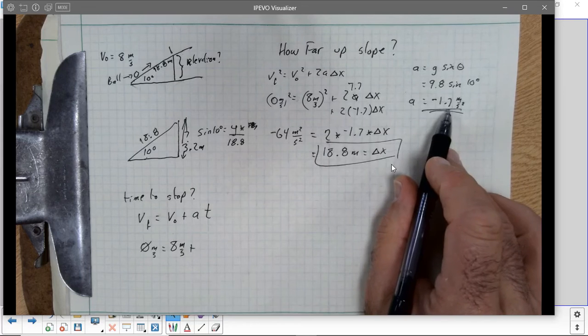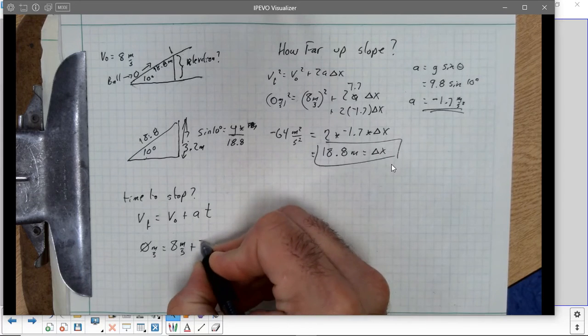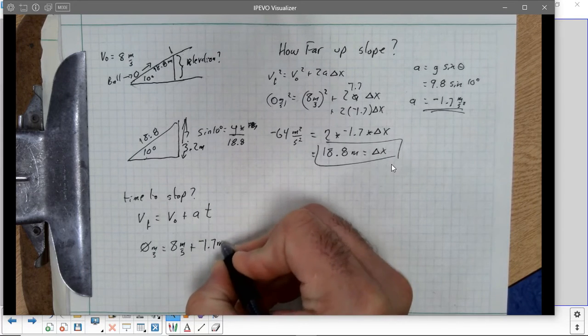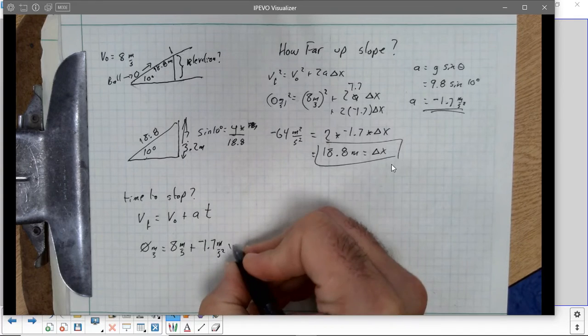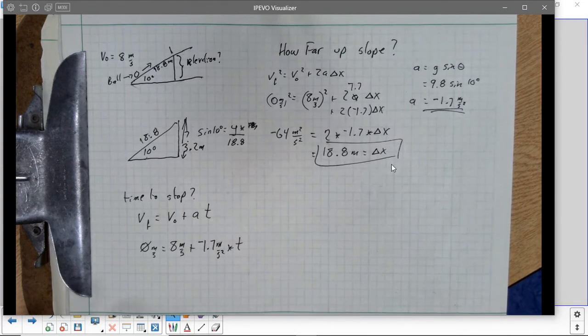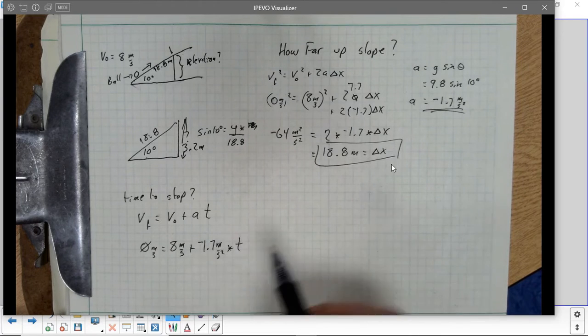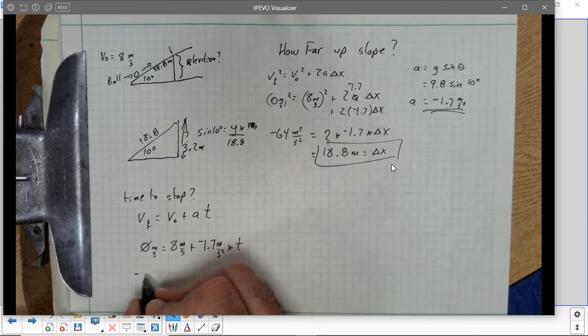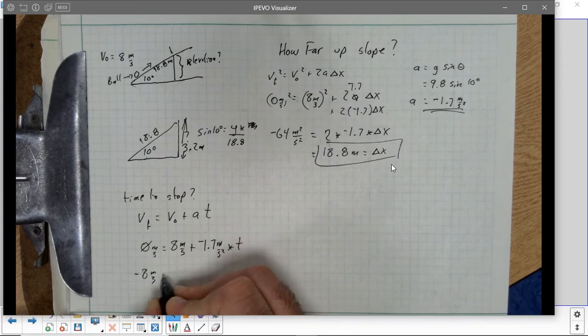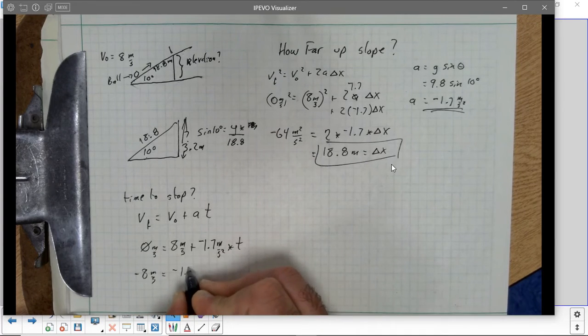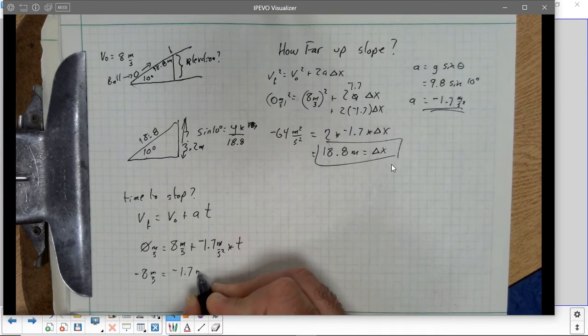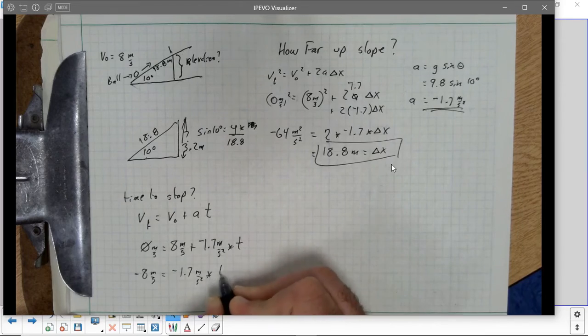Acceleration, we already figured out, is negative 1.7 meters per second squared, times the time. So we're going to have negative 8 meters per second equal to negative 1.7 meters per second squared times t.